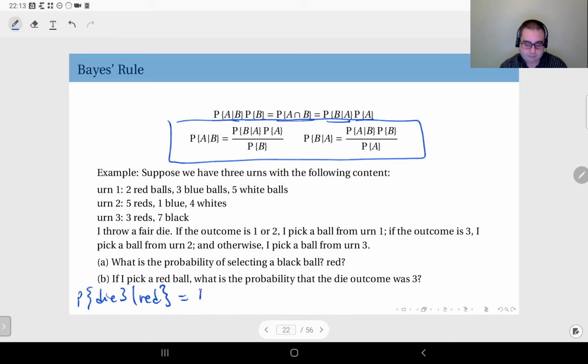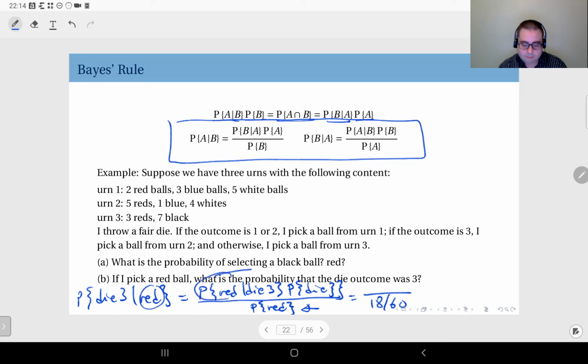Now this is equal to probability of red given die 3 times probability of die 3 divided by the condition here, probability of red. Now fortunately I have computed this already, so that is 18 by 60.